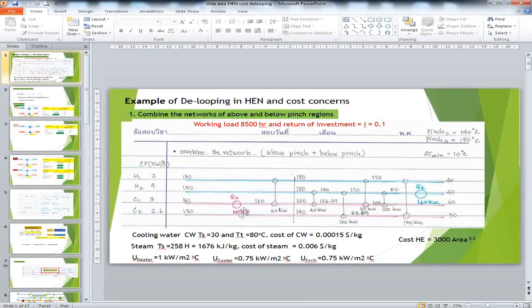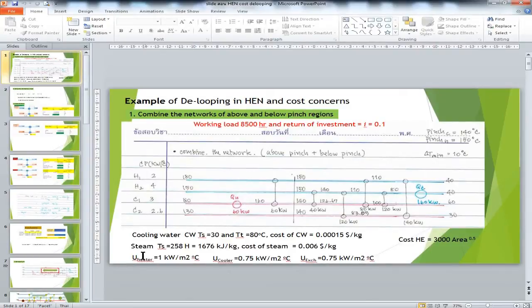And also the steam that is used for the heating utility, with a temperature up to 58 degrees Celsius, contains a condensation enthalpy of 116.76 kilojoule per kilogram of steam. And of course, we buy the steam at a cost of $0.006 a kilogram of steam.